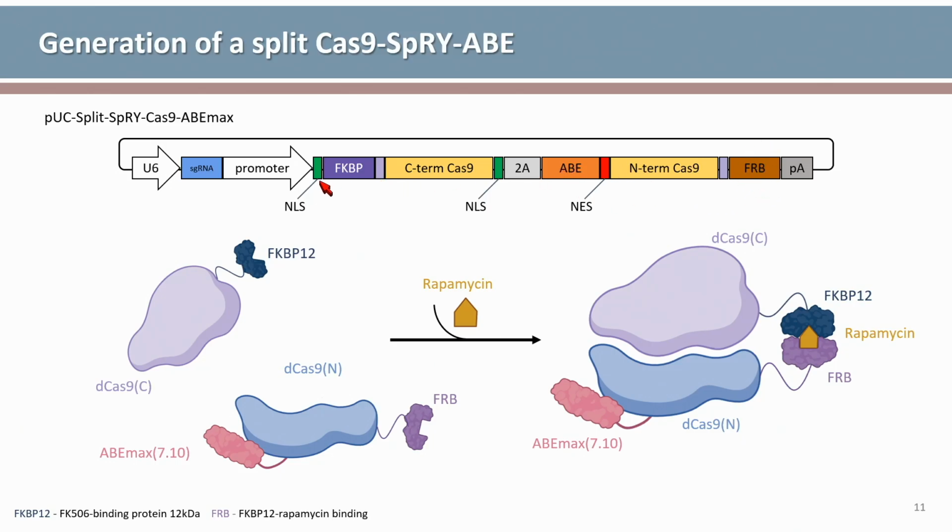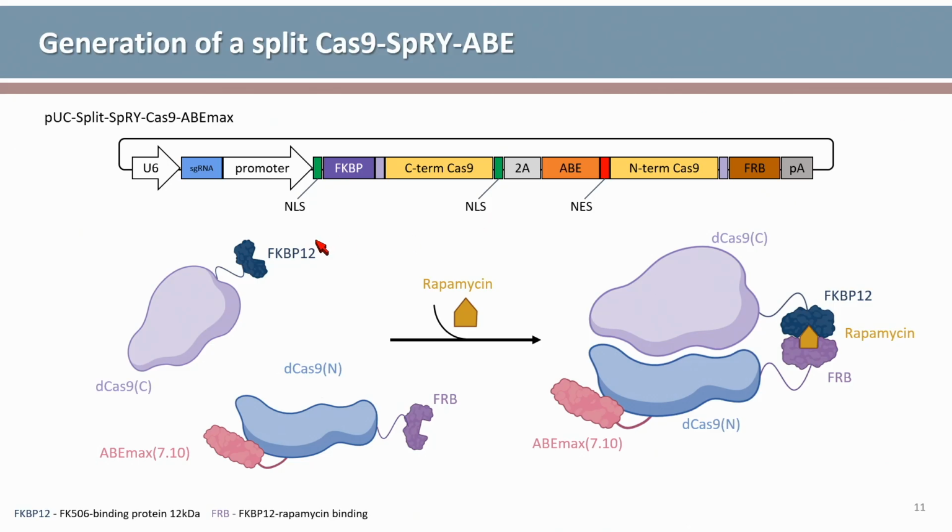And so, as you may know, FKBP and FRB are mTOR domains that only assemble in the presence of rapamycin. So we developed a way of making the editing happen only when we treat the transfected cells with rapamycin. This construct also contains a U6 promoter-driven guide RNA, a beta-actin promoter, and nuclear localization signals.